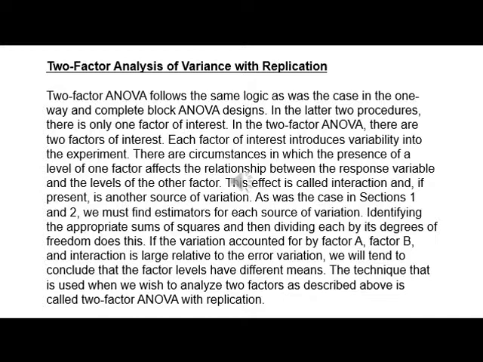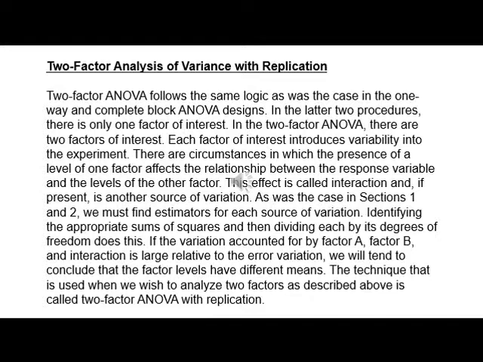Each factor of interest introduces variability into the experiment. There are circumstances in which the presence of a level of one factor affects the relationship between the response variable and the levels of the other factor. This effect is called interaction and, if present, is another source of variation.